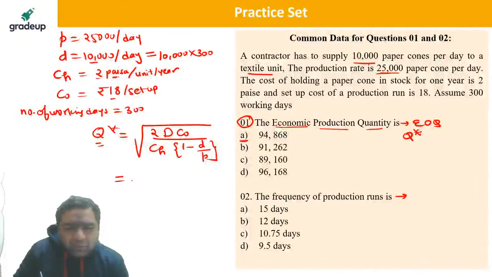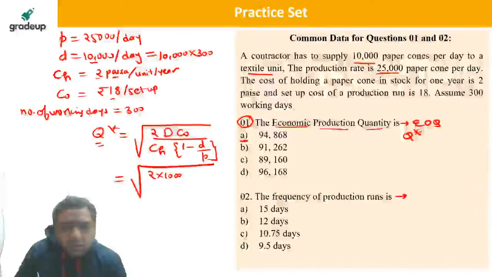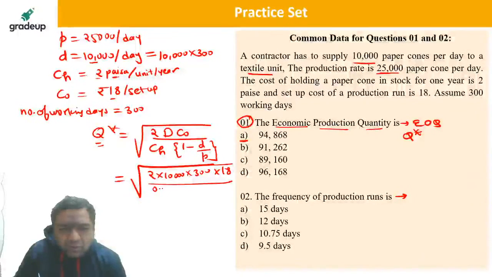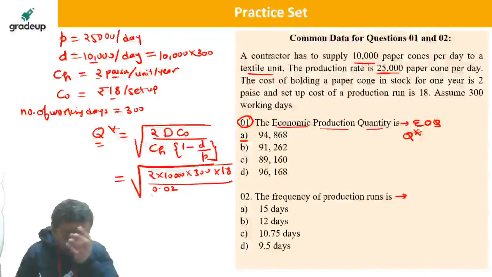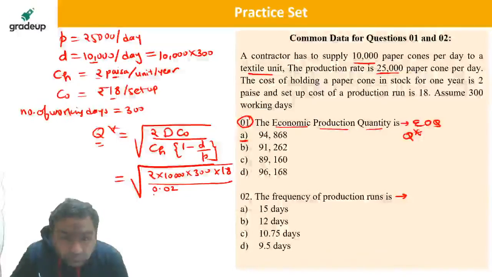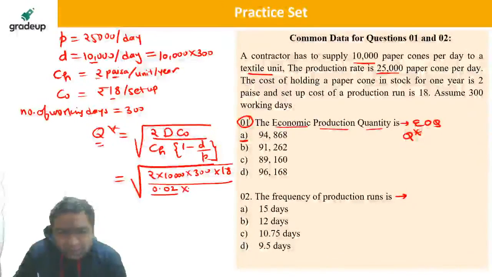After putting the values, it will be 2 into demand of 10,000 into 300 into C naught, which is 18 rupees, divided by CH, which is 2 paisa, so 0.02 per unit per year, into 1 minus D by P, that is 10,000 by 25,000.